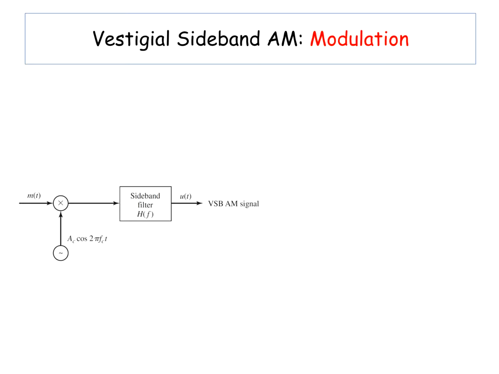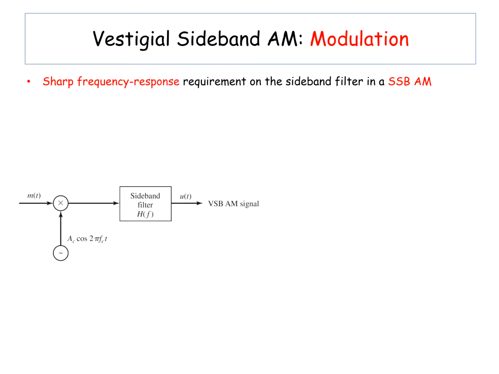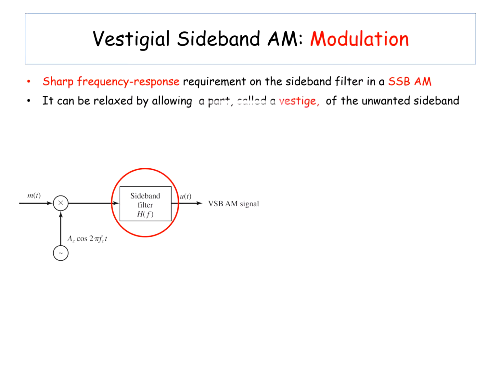By this slide, the Vestigial sideband AM is introduced. In the generation of single sideband AM signal, there is a sharp frequency response requirement on the sideband filter. This sharp frequency response requirement can be relaxed by allowing a vestige part.